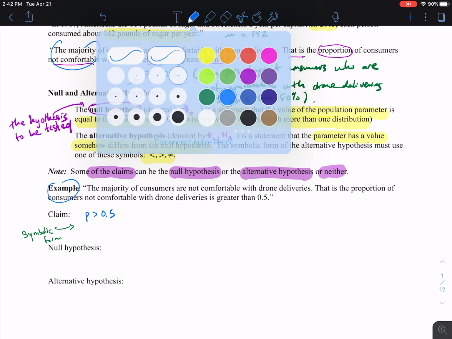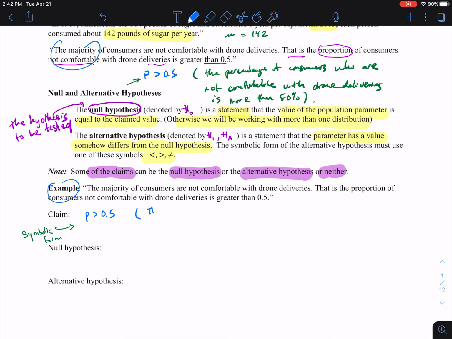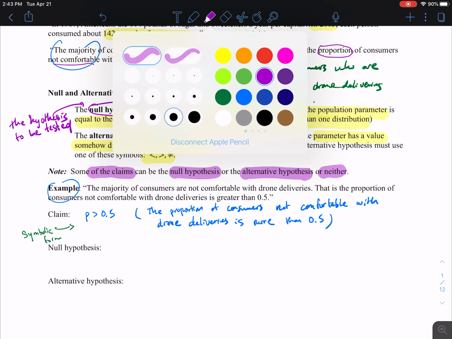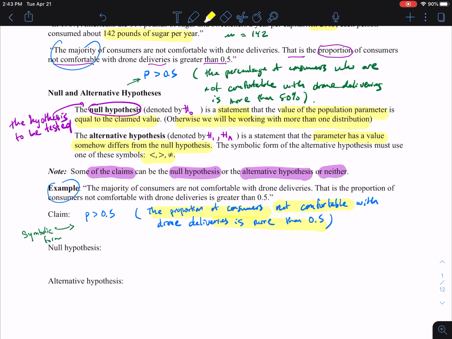We can translate that, saying that the proportion of consumers not comfortable with drone deliveries is more than 0.5. So we have the symbolic form, and then we have the wording, the interpretation, or just how we write out the whole thing so that it makes sense.